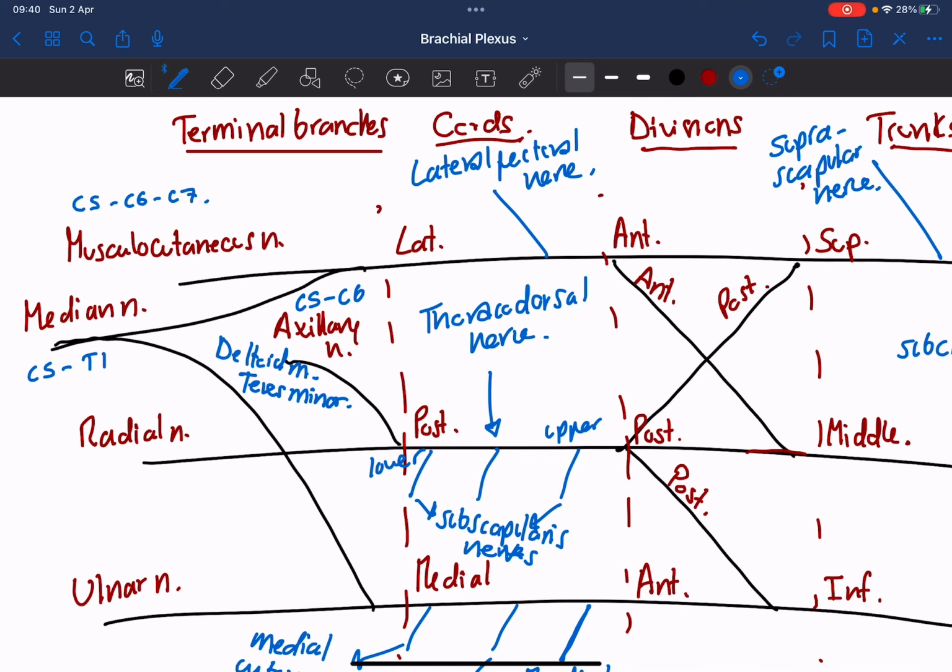Again, the radial nerve has its own sensory supply. So it supplies the skin on the extensor compartment of the arm, extensor compartment of the forearm, as well as the dorsal aspect of the hand. But it gets a little bit more complicated in the hand. That's why there will be a different video for you guys to follow, where I'll be talking about the muscular supply and sensory supply of the hand.